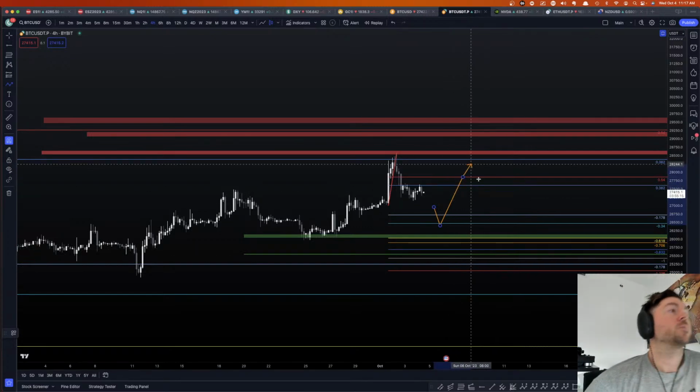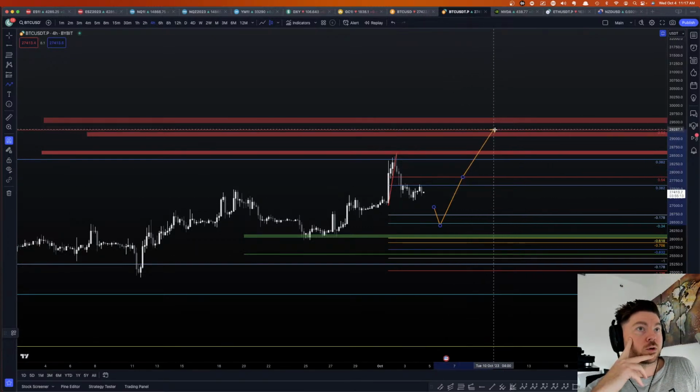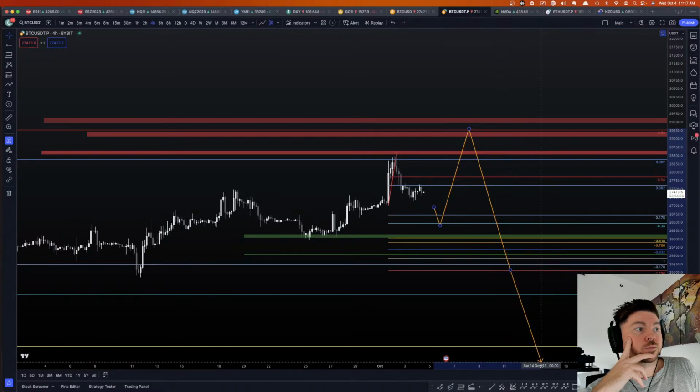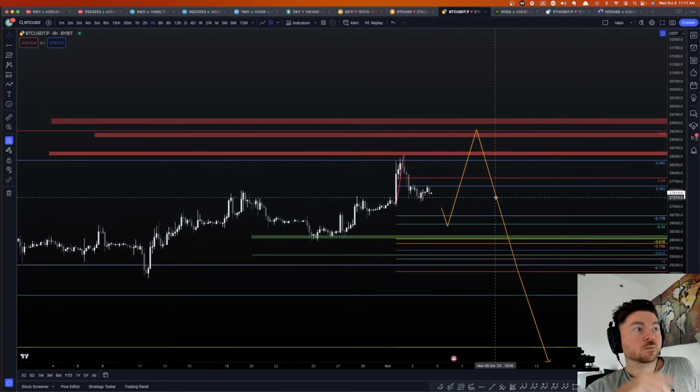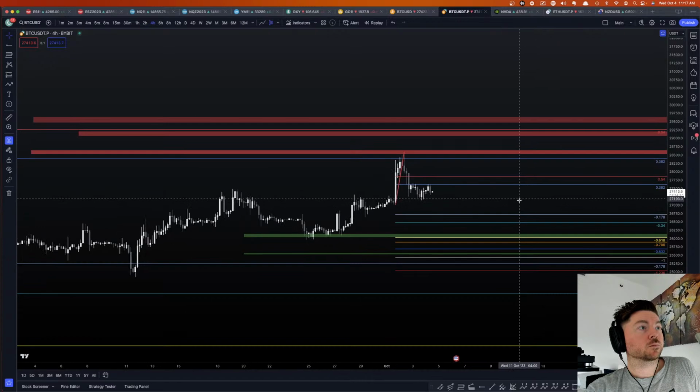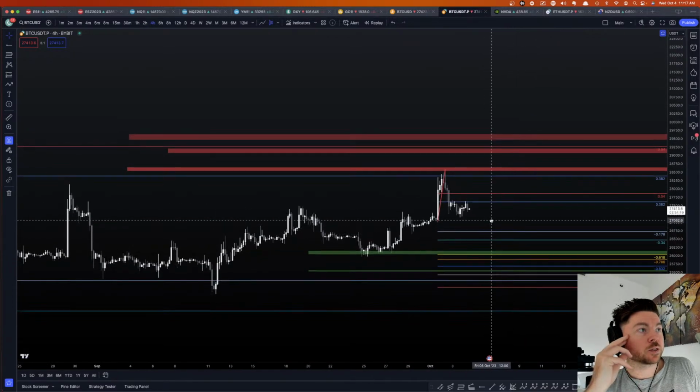Maybe just leave a little bit for a move up here potentially, because this could easily do something like that. There'd be a reason for it, or it could come up here. So it could do that, or it could do this. So I'd play it safe.